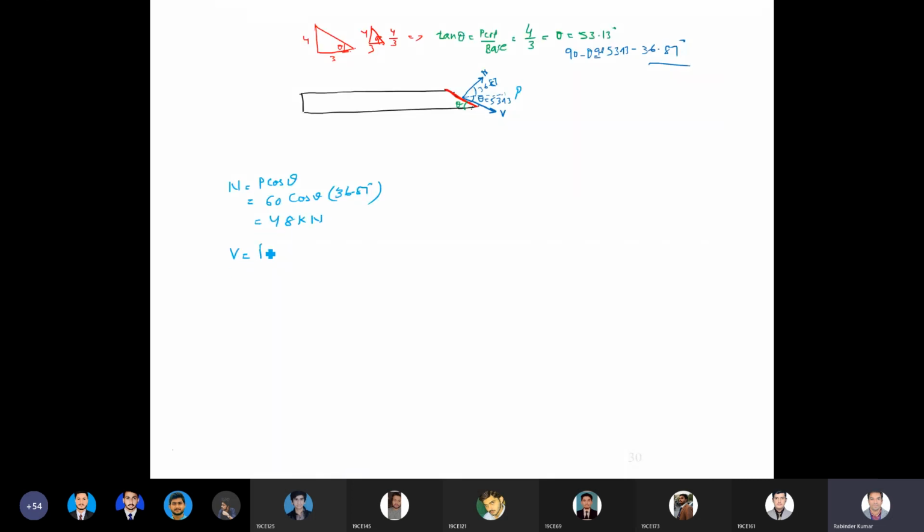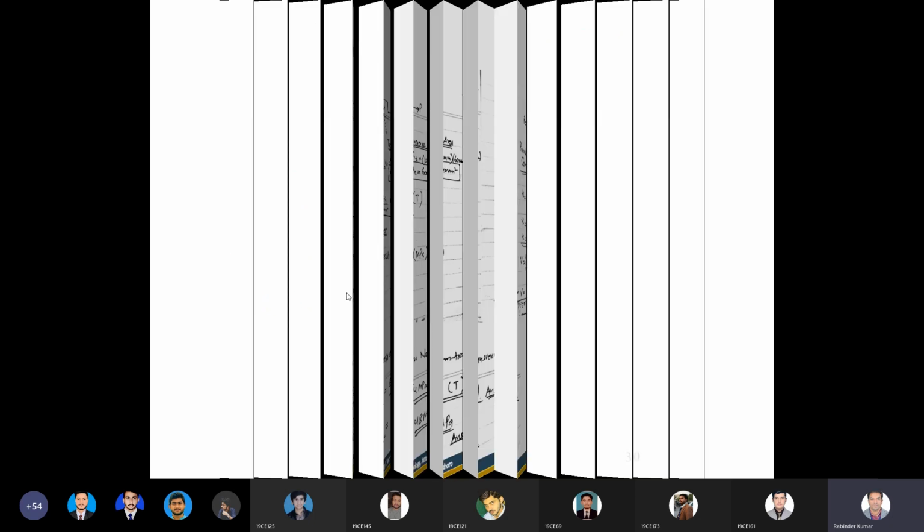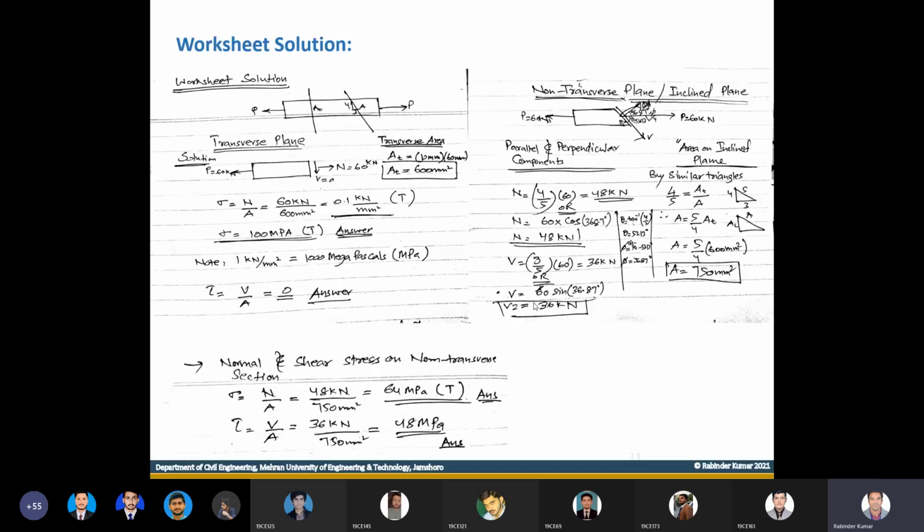And V is equal to P sin theta, which is 60 sin 36.87, and this gives us 36 kilonewton.